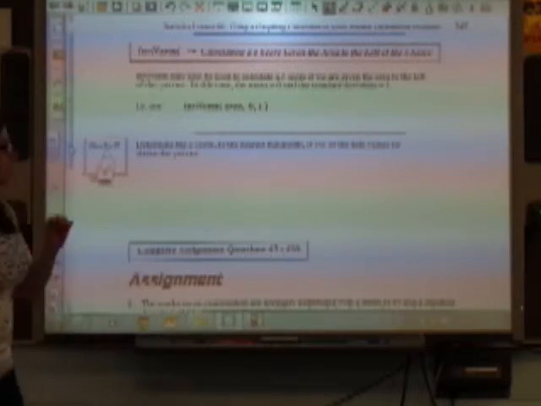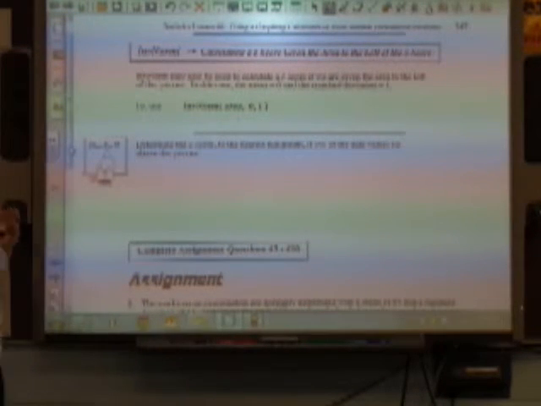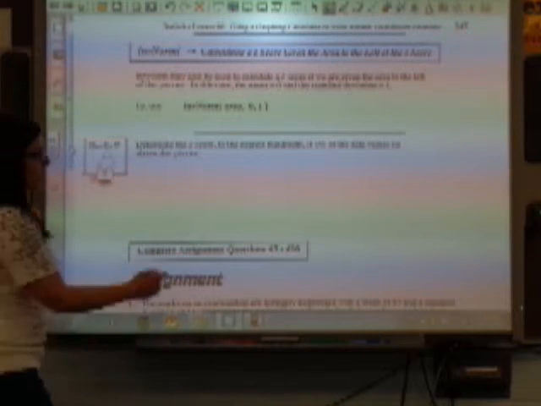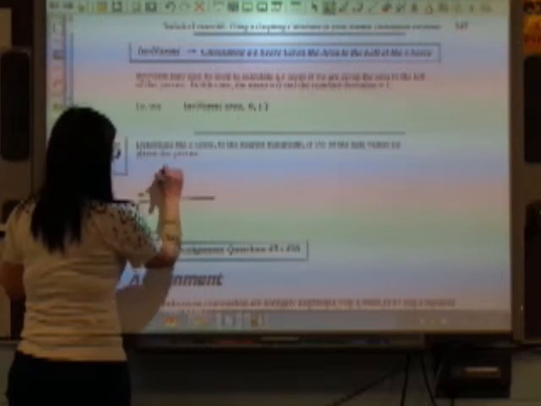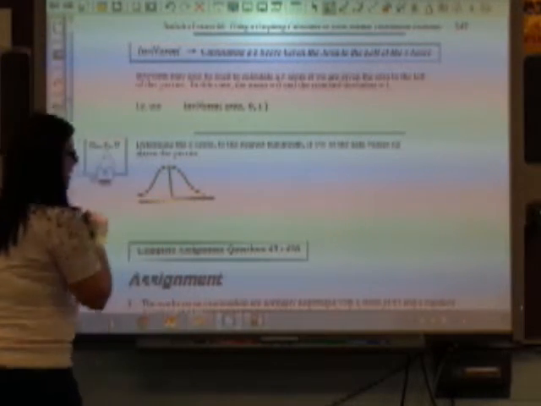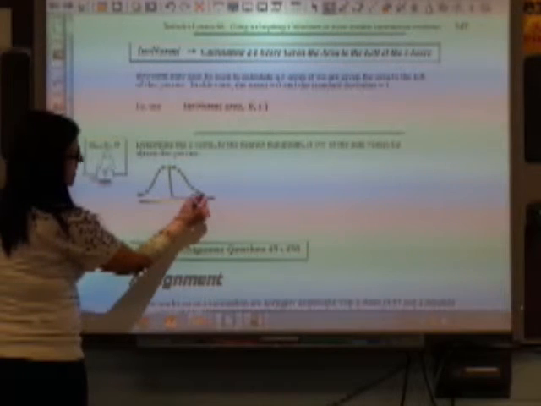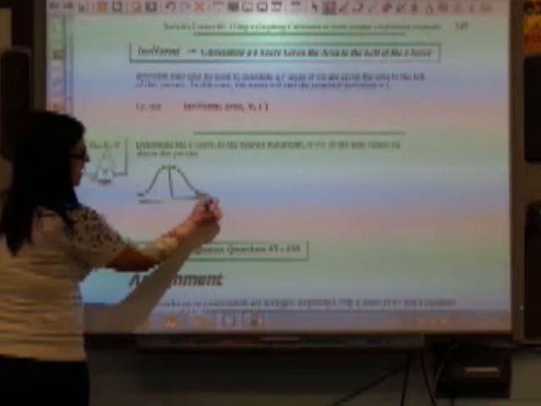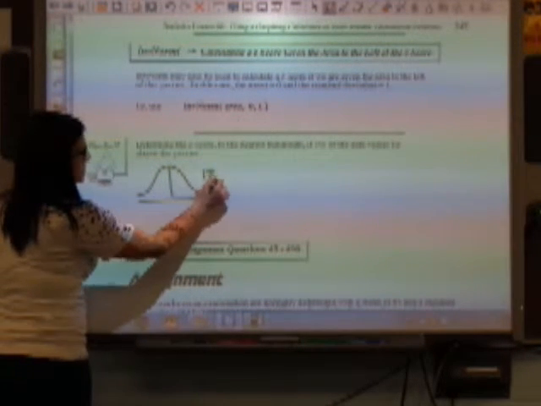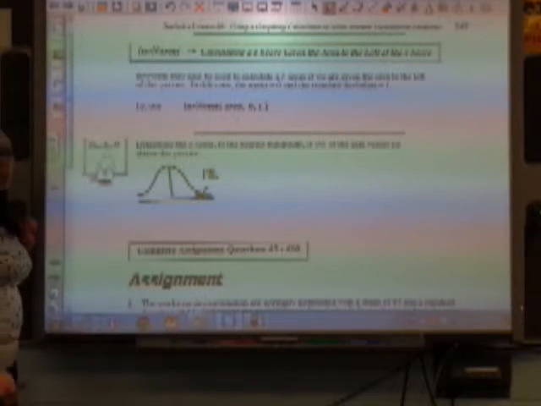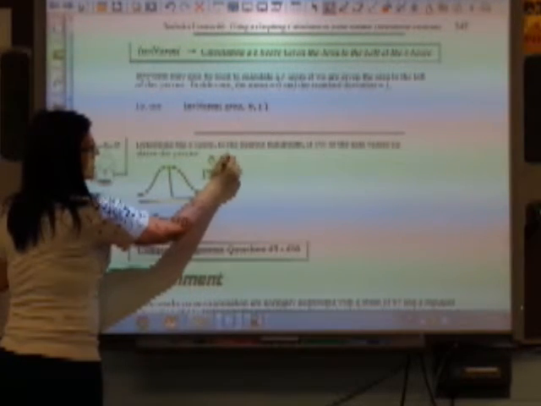So, determine the z-score to the nearest hundredth if 1% of the data lies above the z-score. There's my average. 1% of the data lies above the z-score. So I want this to be above, and my area is 1%, which as a decimal would be 0.01.